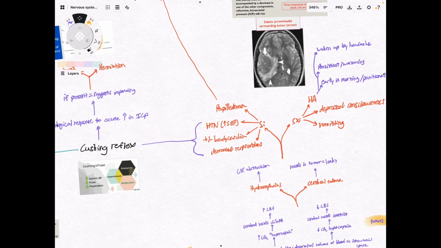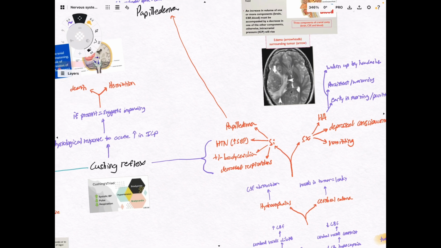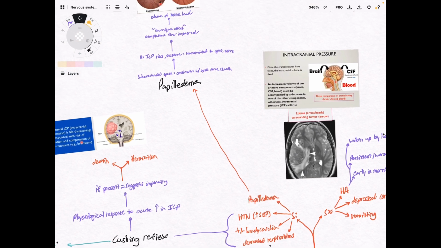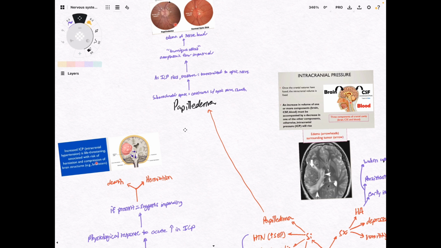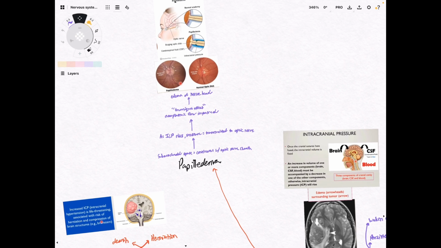Now we're going to move on to some of the signs that we can see. One of them is papilledema, and papilledema is basically a side effect of increased intracranial pressure. The optic nerve is not a typical cranial nerve, it's still part of the brain, so it's encapsulated by subarachnoid space.